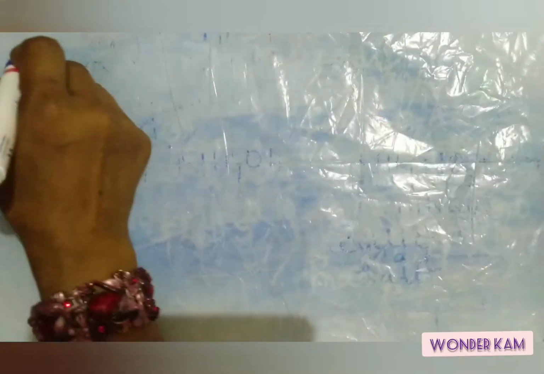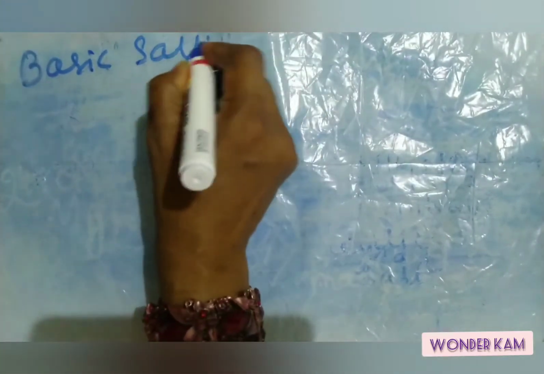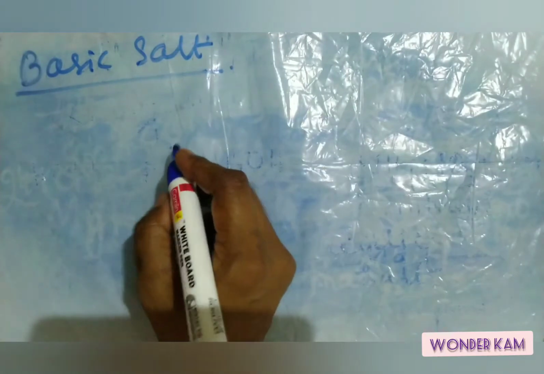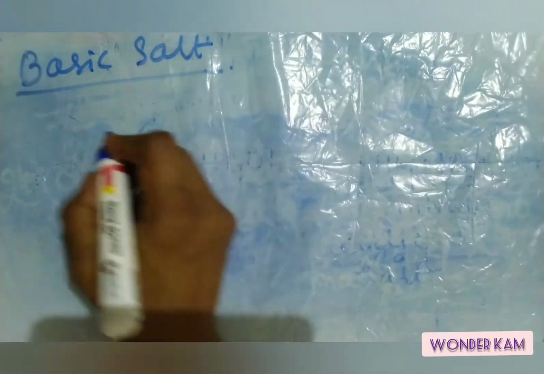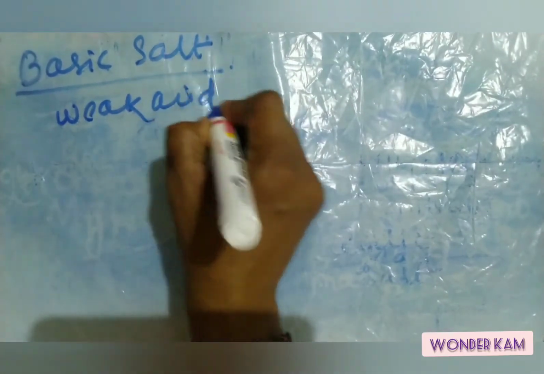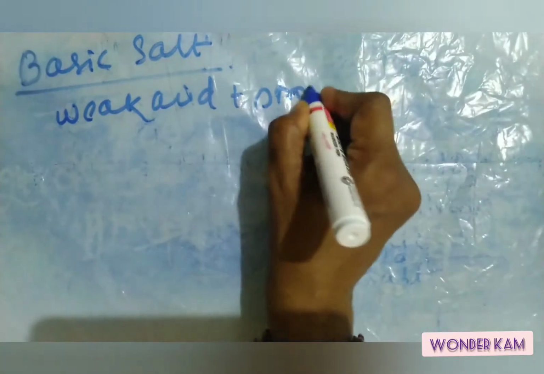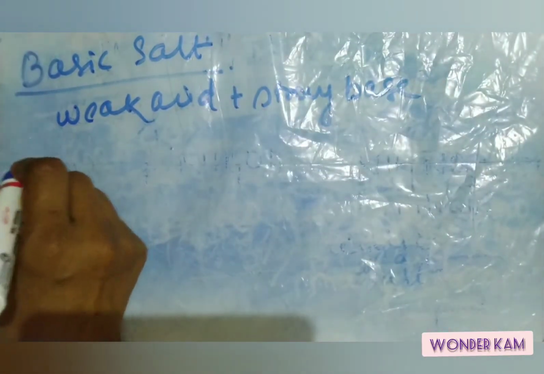Then come to basic salt. Basic salts are formed due to the reaction of a weak acid and a strong base. Weak acids, organic acids are weak acids.